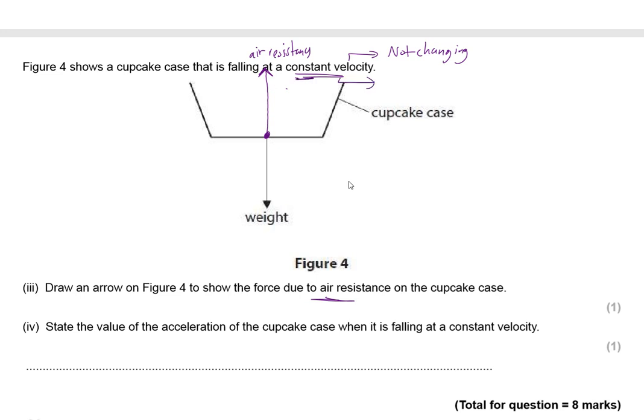So constant velocity means no resultant force. Falling at constant velocity, therefore forces are balanced. Now state the value of acceleration of the cupcake at constant velocity.